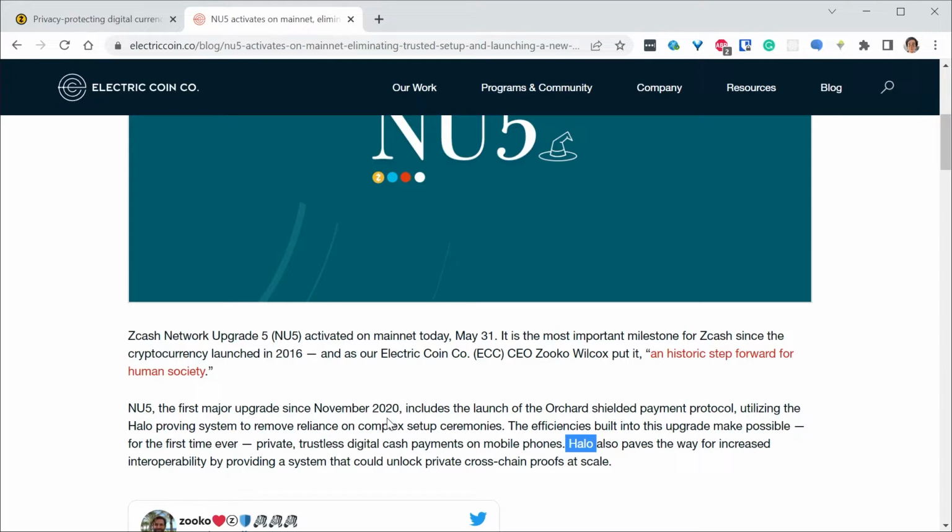Obviously this is a major problem, and Halo 2 fixes that by offering a proving system that does not require a trusted setup. Unfortunately, it has other properties. It's not all roses. It's not all better. There are drawbacks.